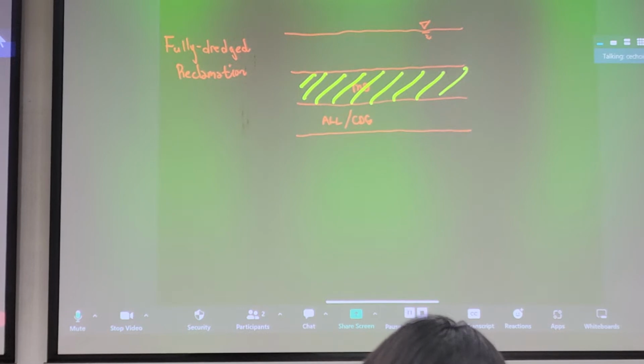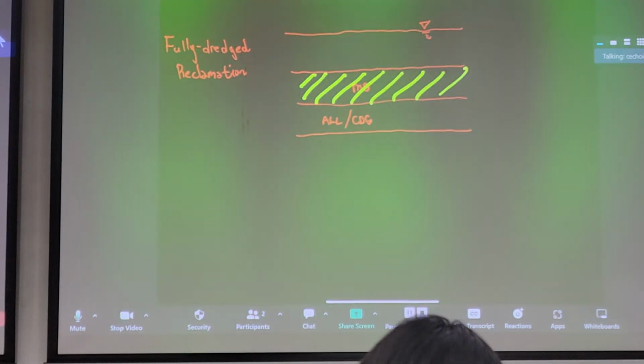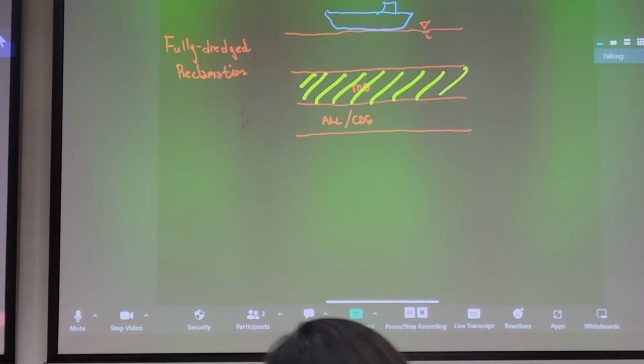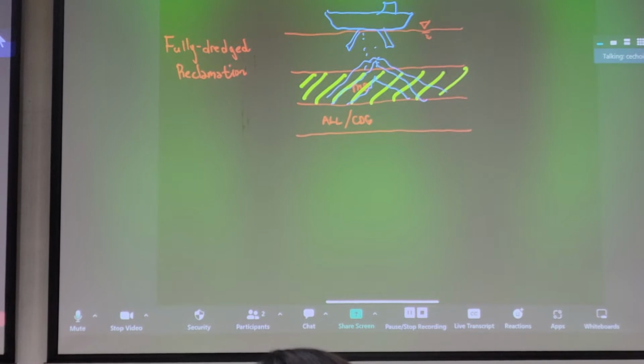The only thing you have to worry about after you remove the MD layer is, well, you need to replace it with sand, right? You can have some sort of ship here with some sort of gate underneath, and you can rain sand down onto this alluvium CDG layer. We don't expect the alluvium CDG layer to consolidate too much.